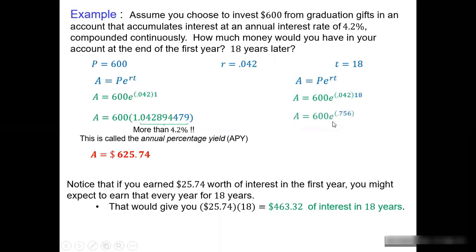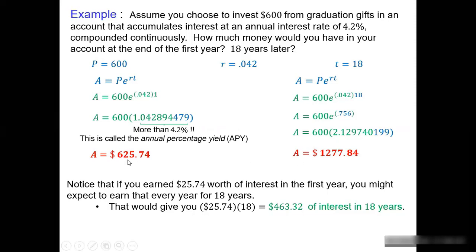We now calculate e to that power, which is 0.756 now. On our calculator, that becomes 600 times 2.1297. When you finally multiply by 600, you get $1,277. Notice that that's over $600 increase.